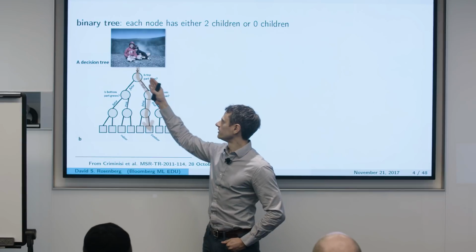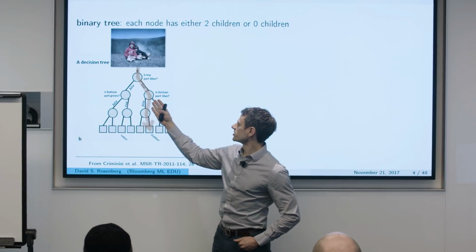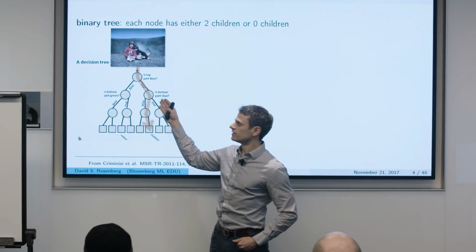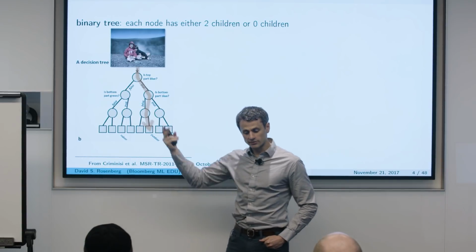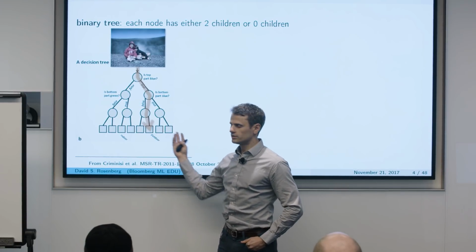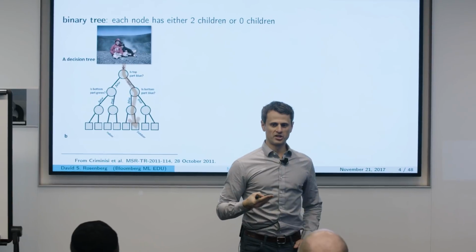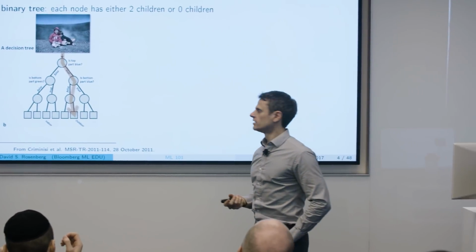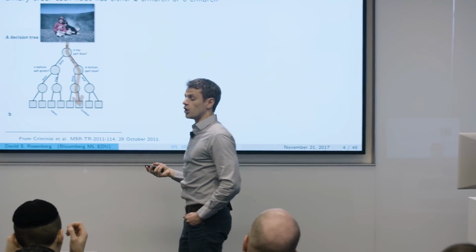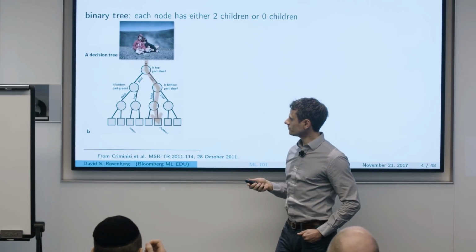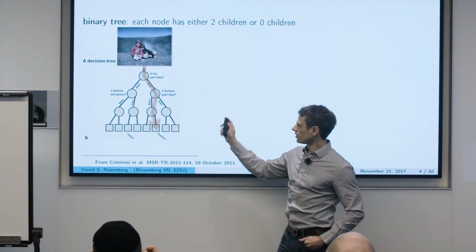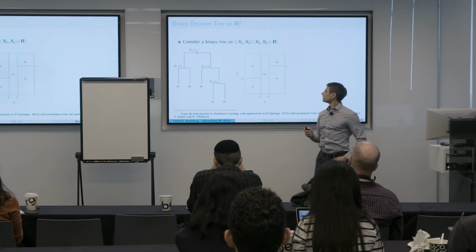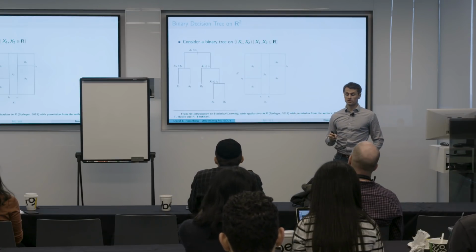If yes, go right. If no, go left. Next question, is the bottom part blue? If yes, go right. If no, go left, etc. And when you get to the leaf nodes at the bottom, there'll be a prediction that you use, a classification if it's a classification problem, or a number if it's a regression problem.